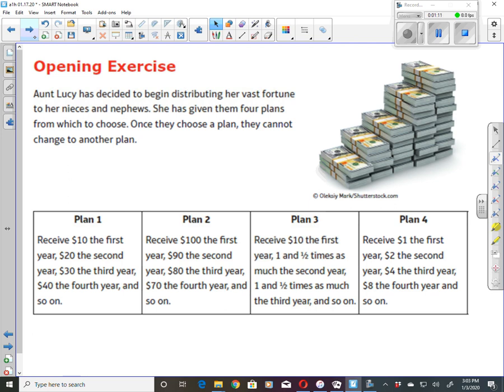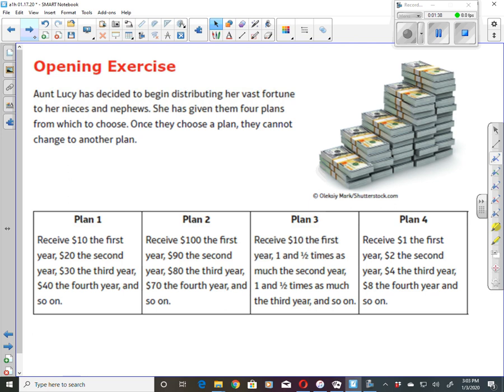She's given them 4 plans from which to choose. Once they choose a plan, they cannot change to another. So they want to pick the best one. However, it kind of depends on how long Aunt Lucy lives or how long she's going to be able to continue to hand out the assets. So maybe it's even after a period of time, maybe it continues.